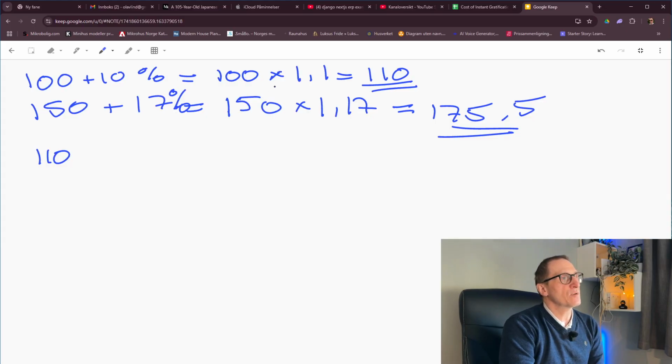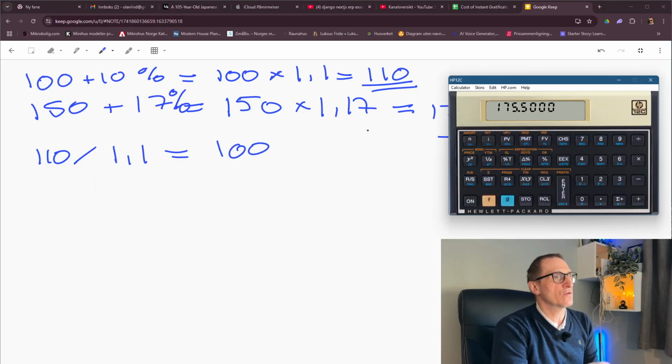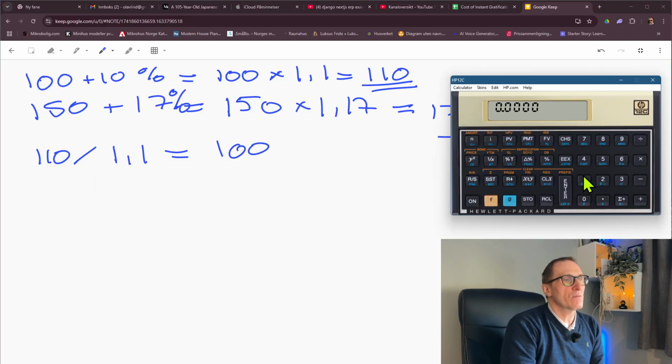When I added 10%, I multiplied by 1.1. And if I want to go the other way to find the base number, to add 10% to get to 110, I do 110 divided by 1.1, which equals 100, of course. 110, enter.